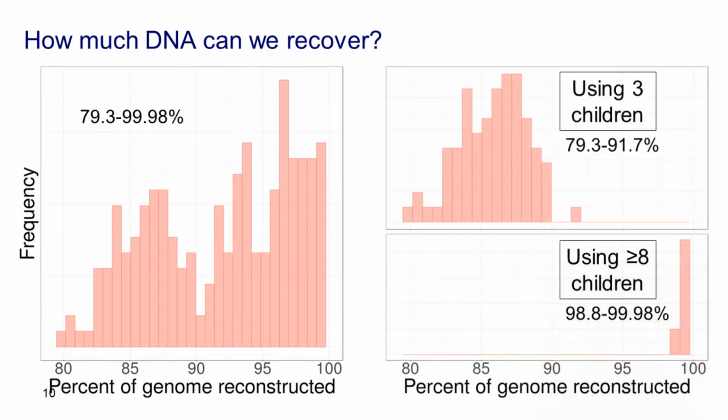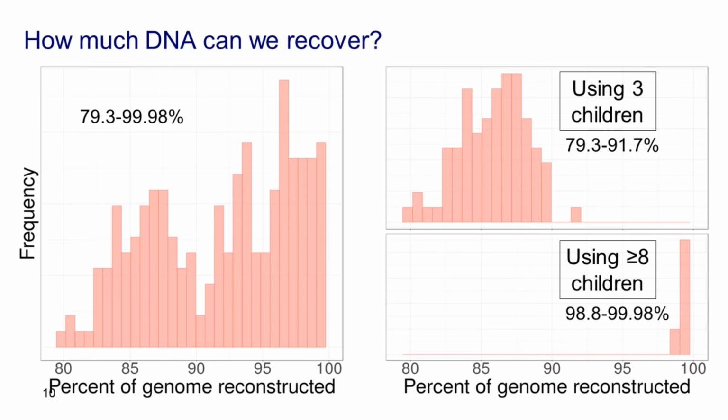So if we zoom in and only plot the families with 3 children and those with 8 or more children, we see that the lower end of this left-hand plot is near 80%. If you only have 3 children, you can anticipate getting about 80% to 90 or 92% of the DNA reconstructed for the parent. And if you have 8 or more children, you can get 98.8 or even up to roughly 100% of the parent's DNA reconstructed.